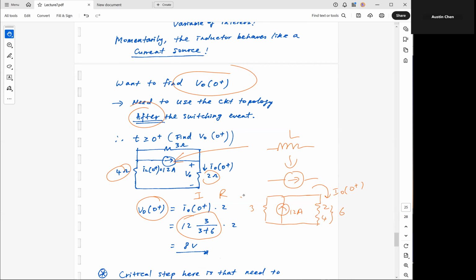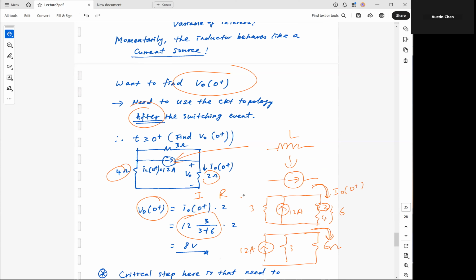The next step you can do here is you do it this way, because these 3 branches are all in parallel, so you're free to move them around. So you have 6 here, 3, and then 12 amp. You still need to find the current passing through this 2 ohm resistor, which is the same as the current passing through the 4 ohm resistor, and the same as passing through this 6 ohm resistor, in series.